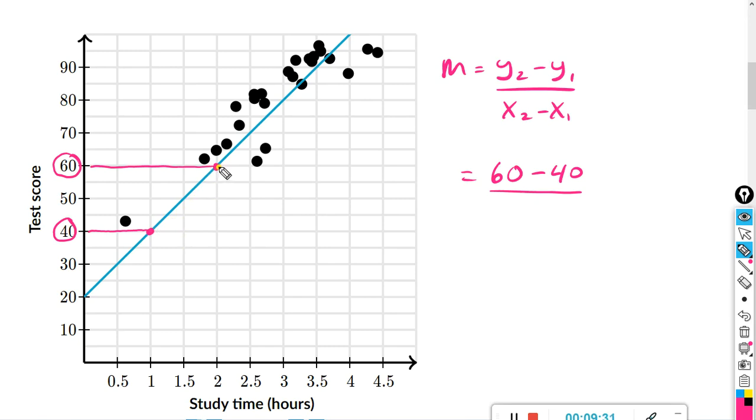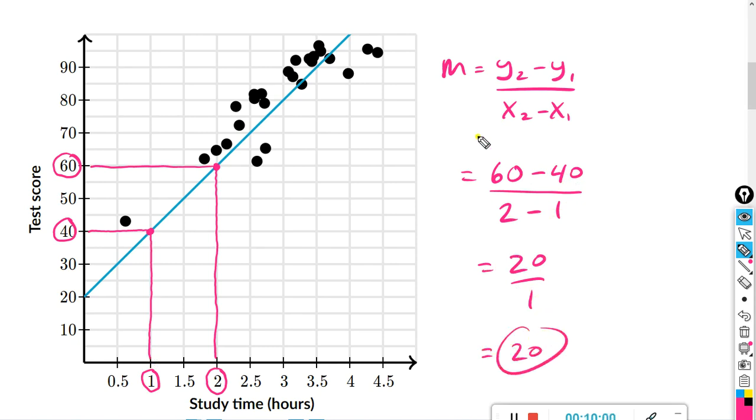We did this one first for the y's, so do this one first for the x's. Going down to the x's, this is a 2, and here this is a 1. 60 minus 40 is 20. 2 minus 1 is 1. And that's just 20. So the slope m is 20.